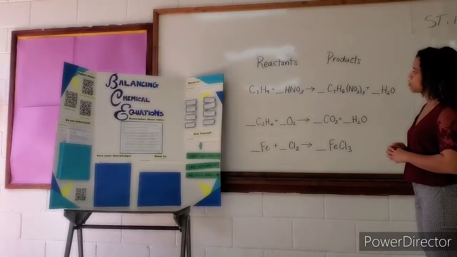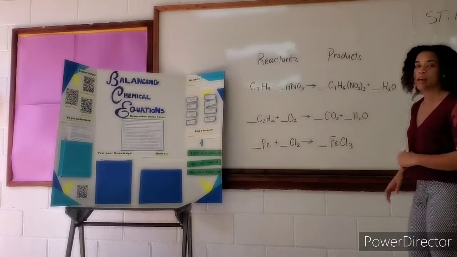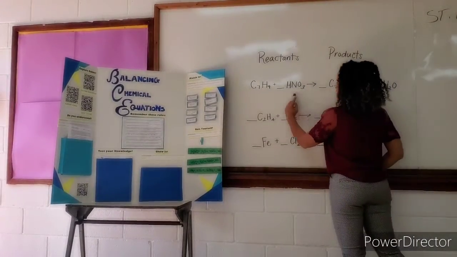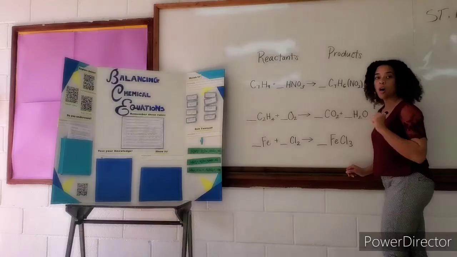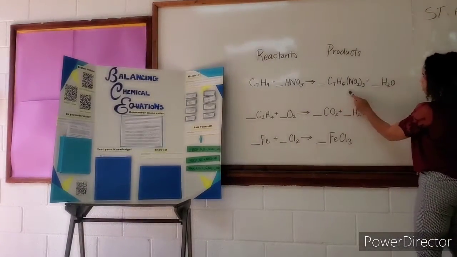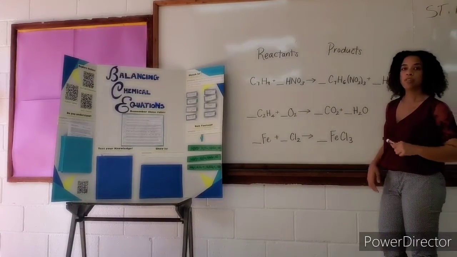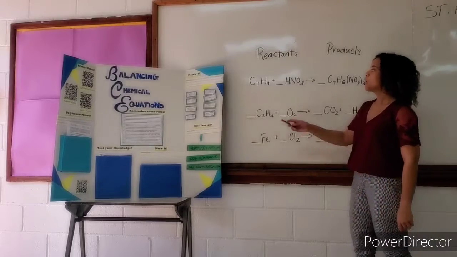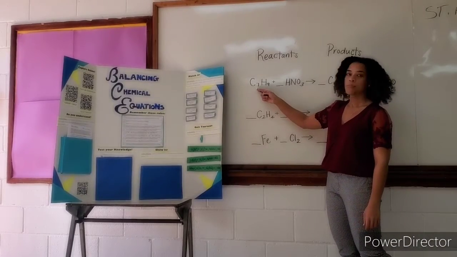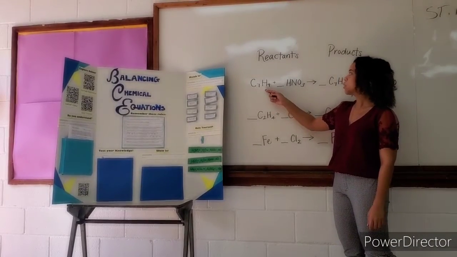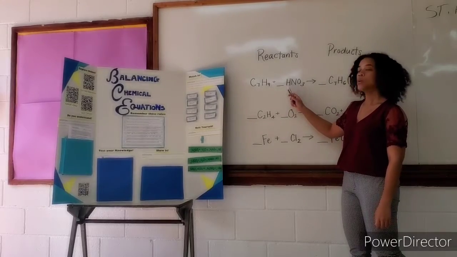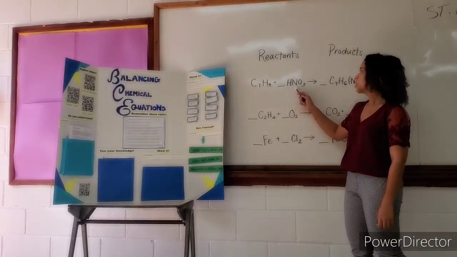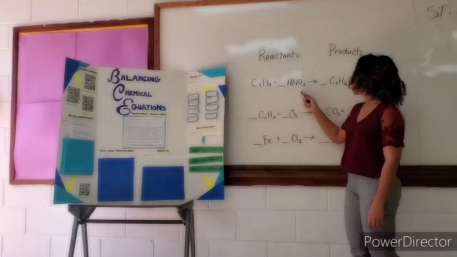Take our first equation. Remember that our reactants are always on the left side of our equation and our products are always on the right side of the equation. So in this first example, we have 7 carbon, 9 hydrogen, 1 hydrogen, 1 nitrogen, 3 oxygen atoms.